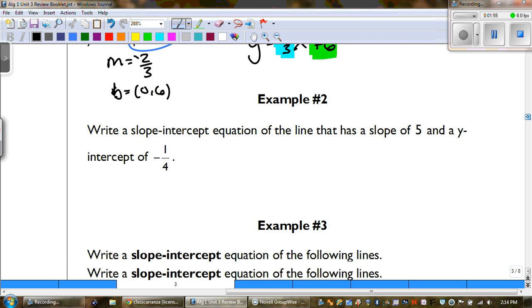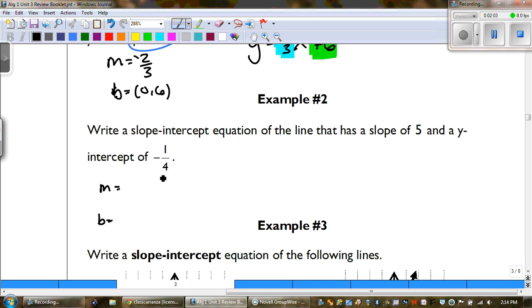And the reason we do it like that is because when you start looking at things like example number 2, you're going to be like, oh, look, that's my slope because it's a fraction. Well, good try, but it says right there that it's the y-intercept, okay?